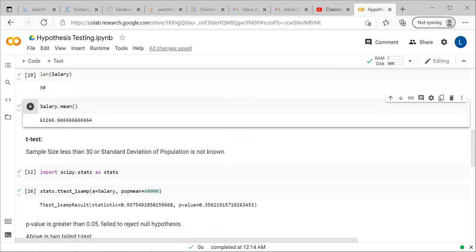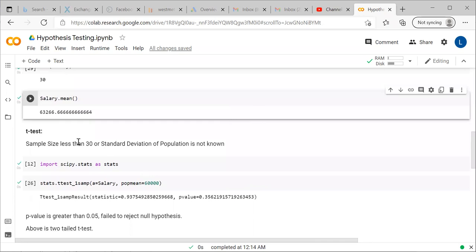So here the sample size is 30. So we will be conducting a t-test. In general, we conduct a t-test only if the sample size is less than 30. But here in this case, it is 30, so we actually have to do a z-test.